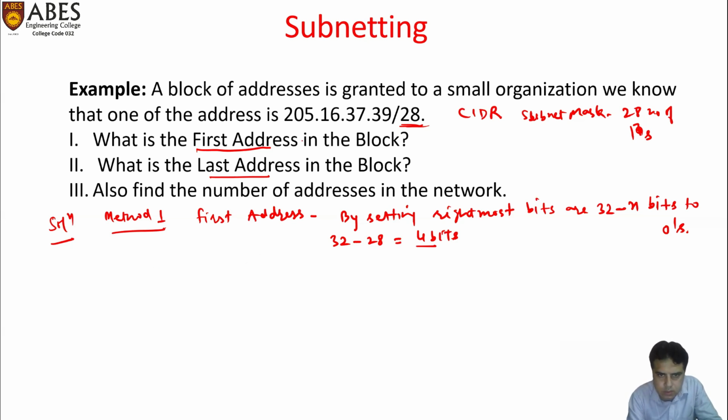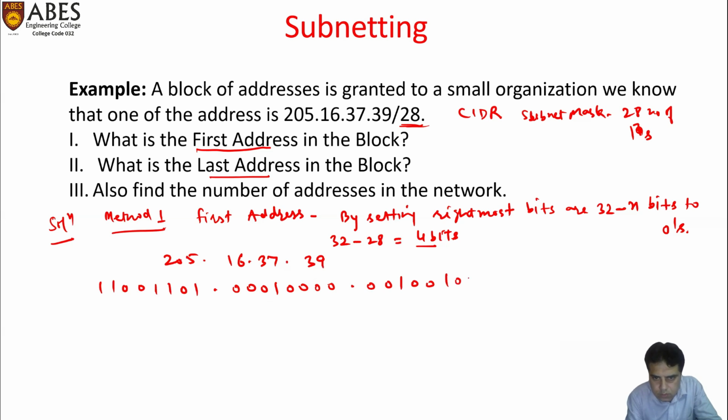When we convert this IP address 205.16.37.39 into binary, it is 11001101 dot 00010000 dot 00100101 dot 00100111. Here, 1, 2, 4, 8, 16, 32, 64, 128.